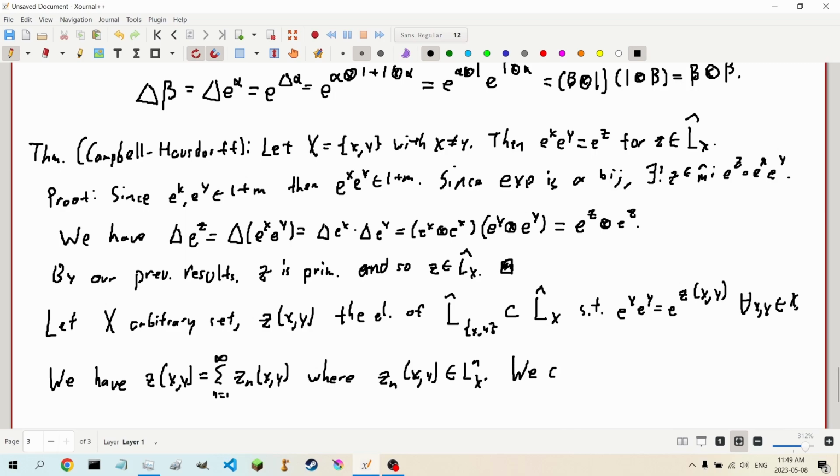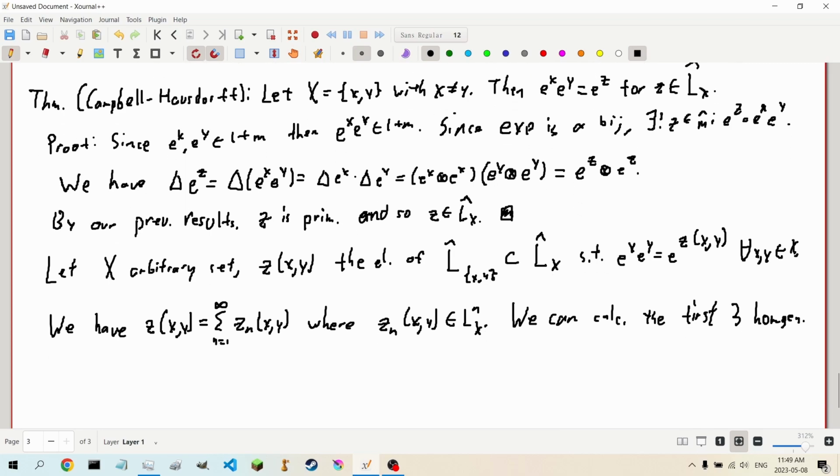We can calculate the first three homogeneous components of this z of x comma y as, well, what are they?